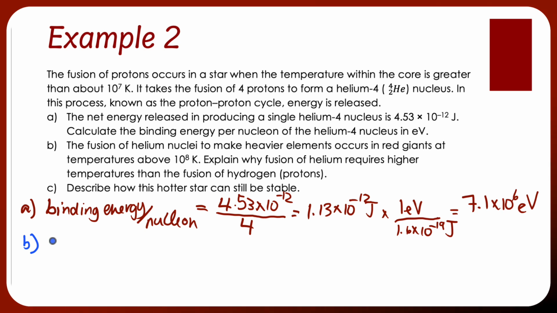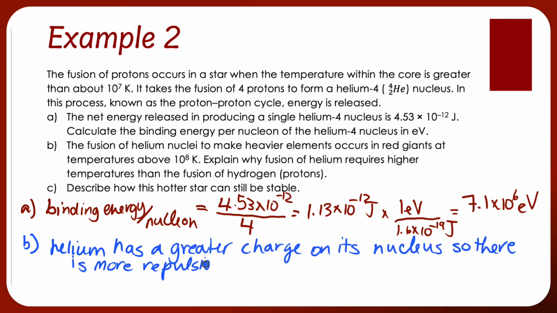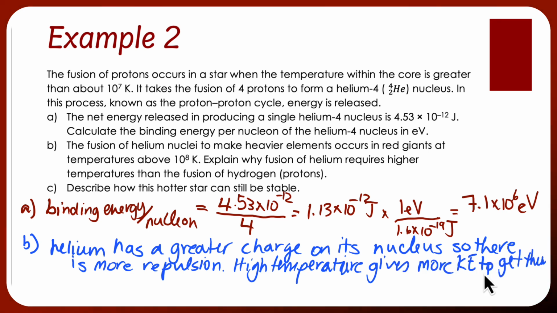What's different about helium? It has a higher charge on its nucleus. Higher temperature is going to give us a greater amount of kinetic energy to actually get them together.